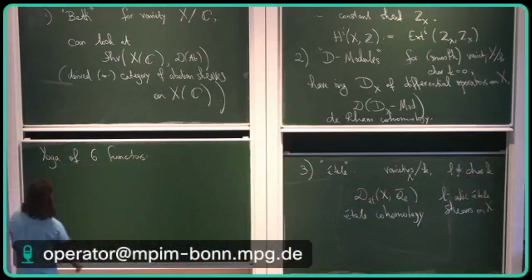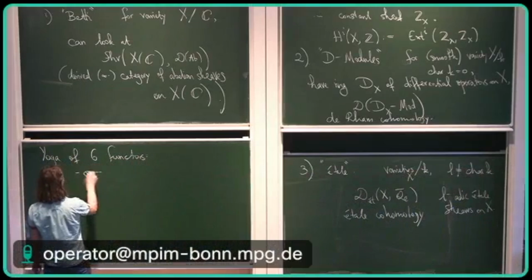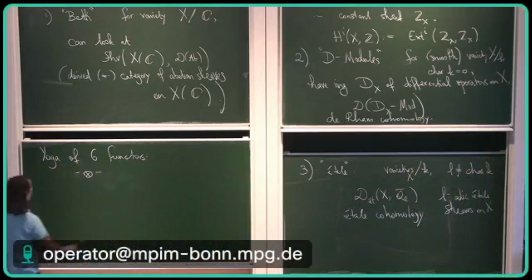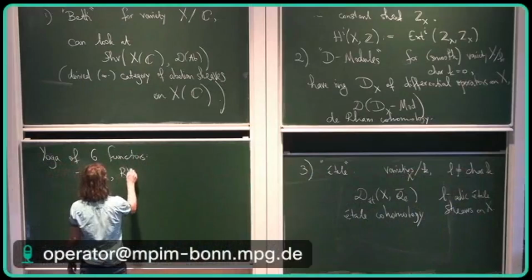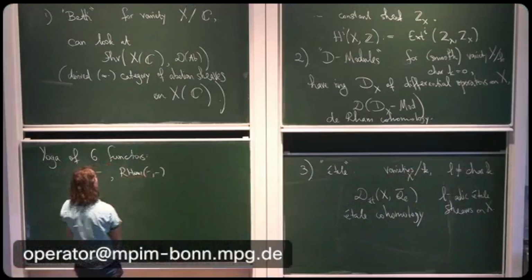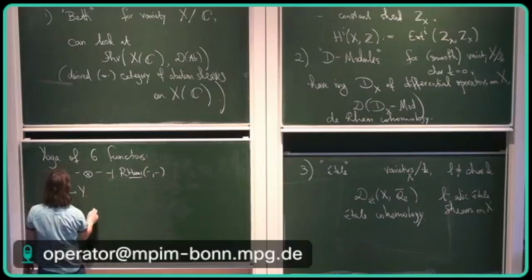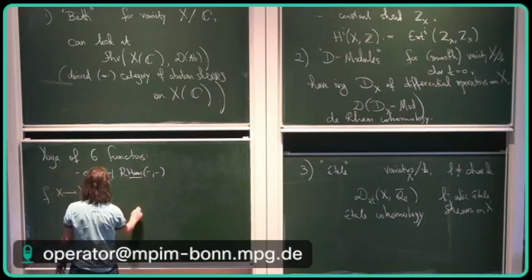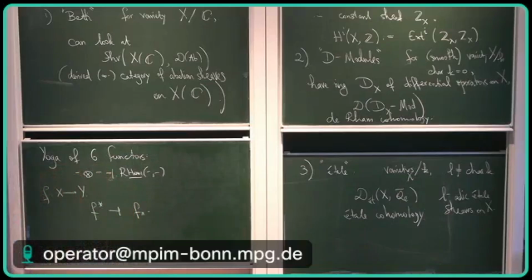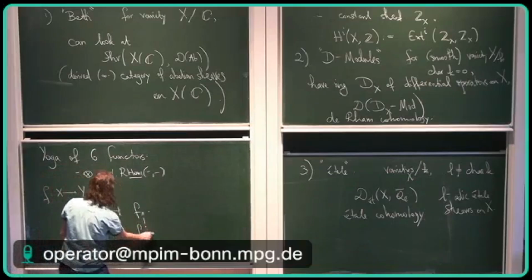In any such sheaf category there should be a symmetric monoidal tensor product with an adjoint, which is internal Hom. This is in some sense the left adjoint of that one. When you have a map from X to Y, there should always be a pullback on sheaves with the right adjoint, which is a pushforward and computes cohomology. And also there should be this cohomology with compact support having a right adjoint, the exceptional inverse image.